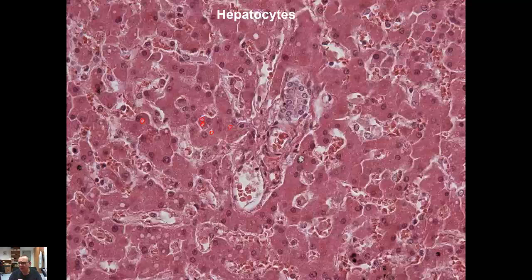Hepatocytes are epithelial cells, so they are joined by junctional complexes. They are joined by desmosomes and tight junctions. You can find these desmosomes and tight junctions in these borders where hepatocytes are connected together. So these borders or these surfaces can be taken as lateral surfaces.